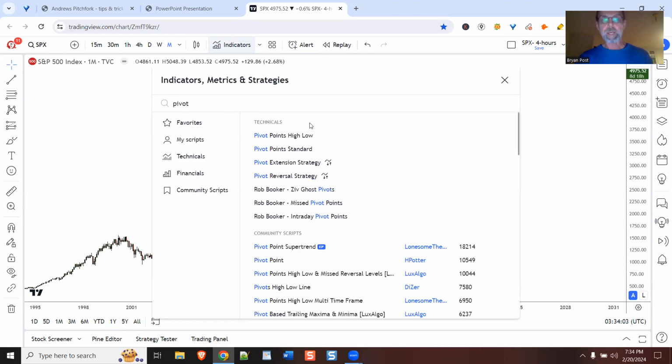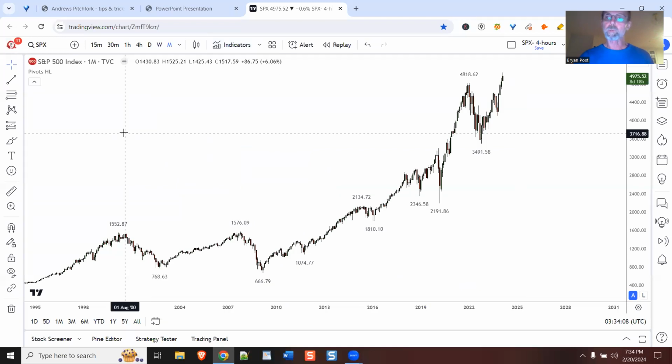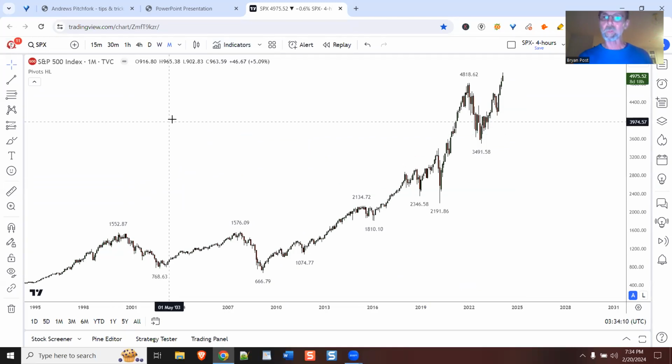And typically whatever drawing tool, charting tool you are using, it will have analysis techniques, indicators, drawing tools that you can apply to a chart when you're doing your technical analysis. Now, in this case, I have applied this particular tool is called pivots high-low in TradingView.